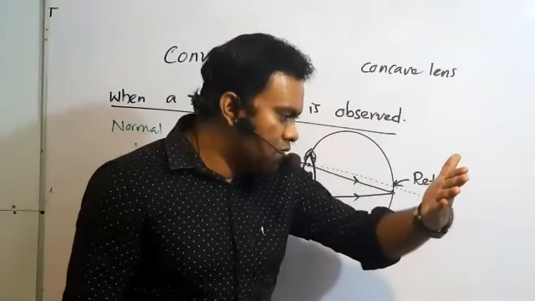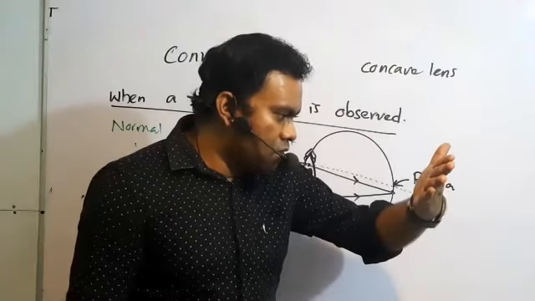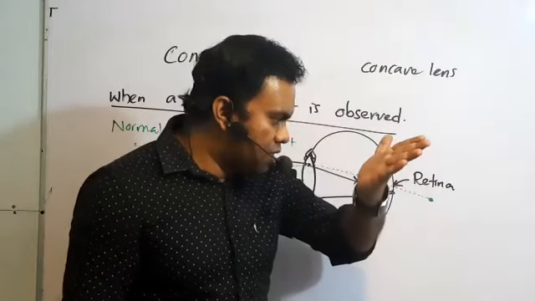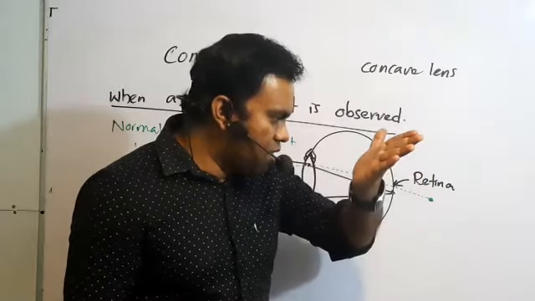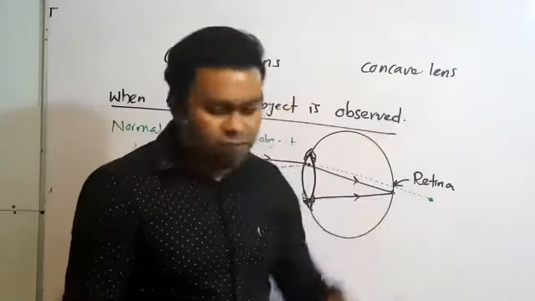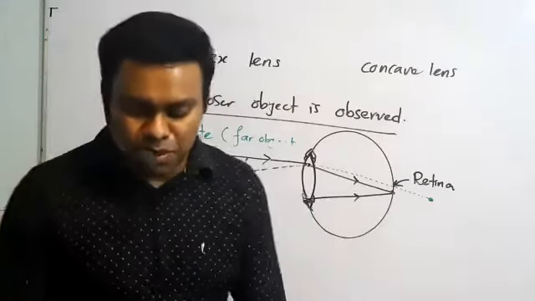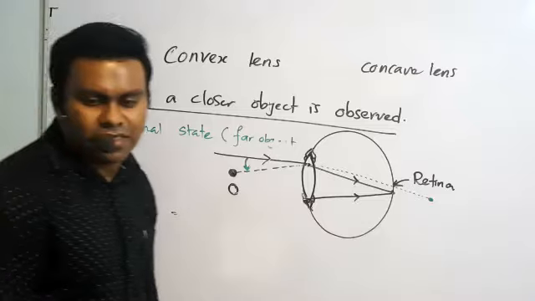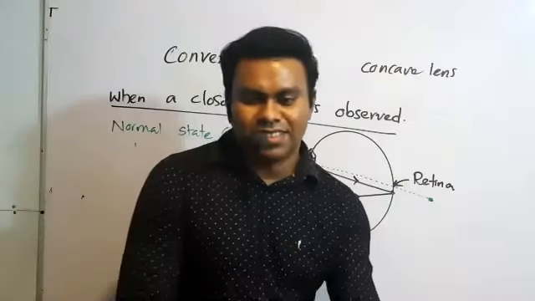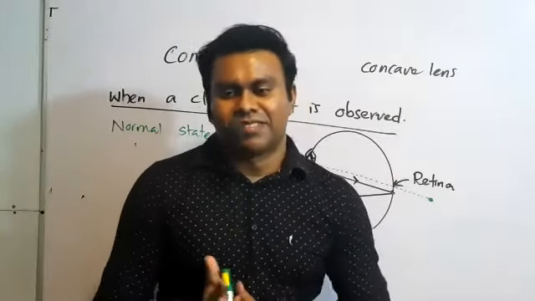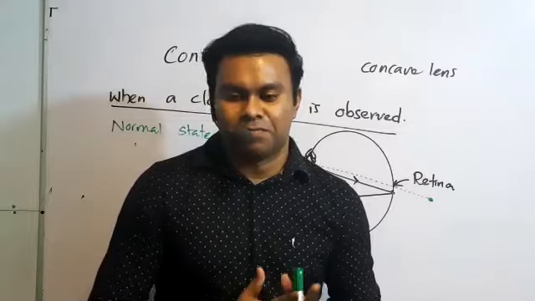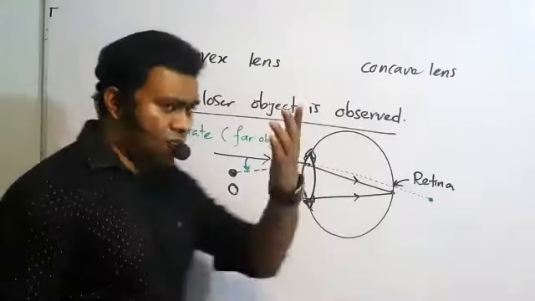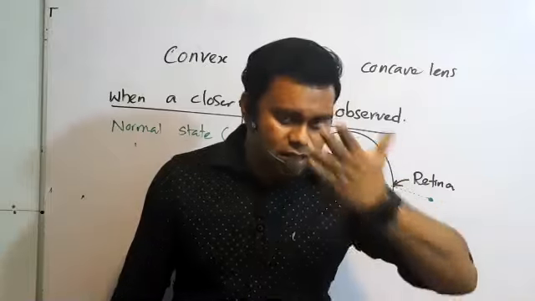Now little by little bring your palm closer towards the eye. At a certain level, the image becomes blurred. Did you observe it? Okay, don't bring it any closer, it will give you a headache.